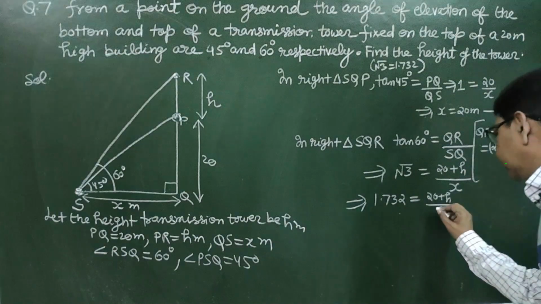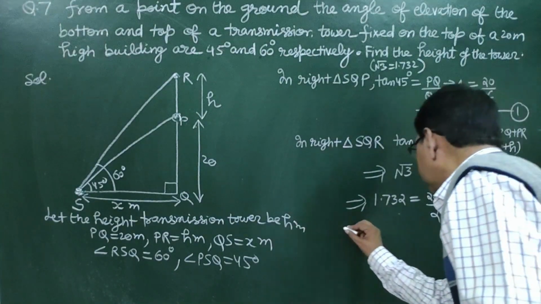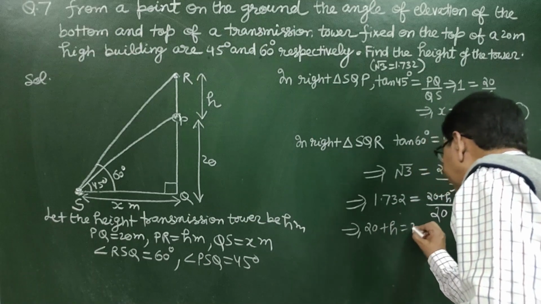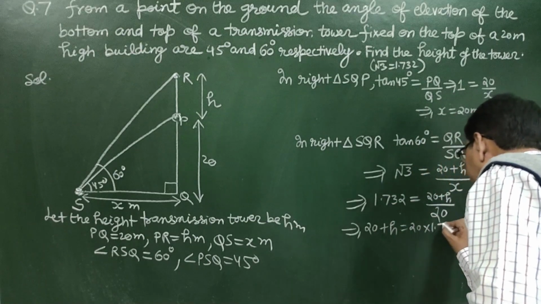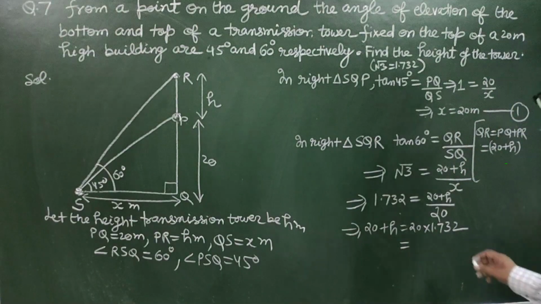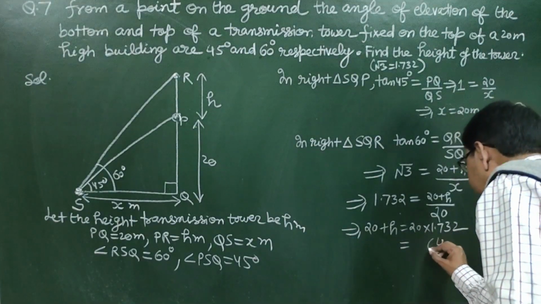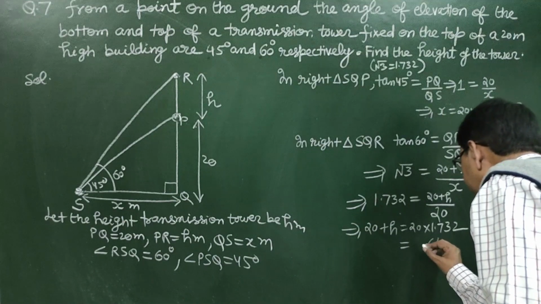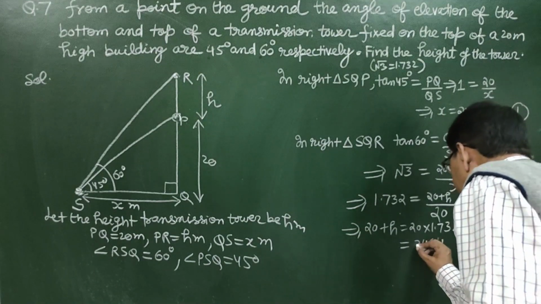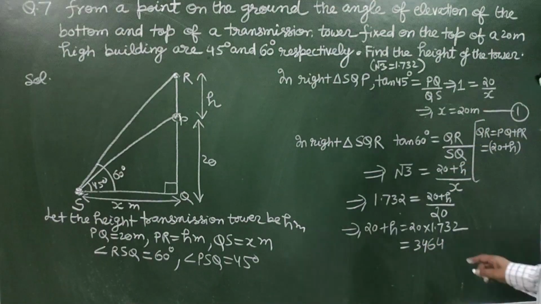So putting here, 20 plus H is equal to 20 into 1.732.